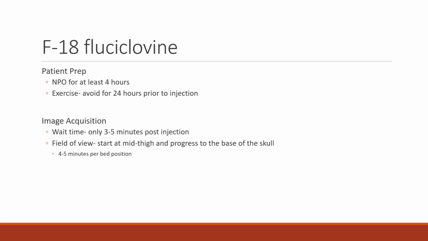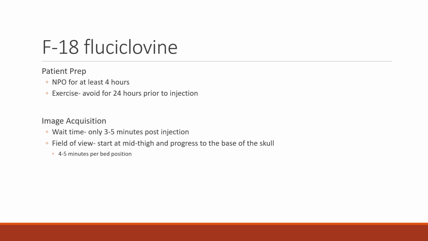PSMA is not always going to be there, but the amino acids almost always will. A lot of these tumors will take up amino acids because they're using them to grow, metastasize, all of that. And they may not be aggressive enough that they're taking up sugar on FDG. So fluciclovine and FDG are great for that.